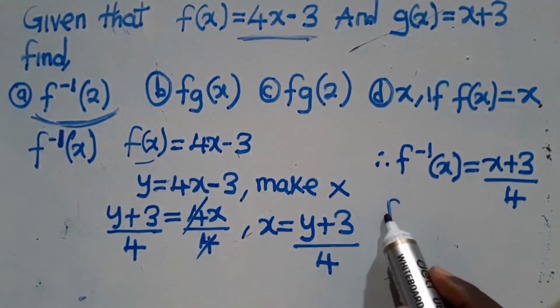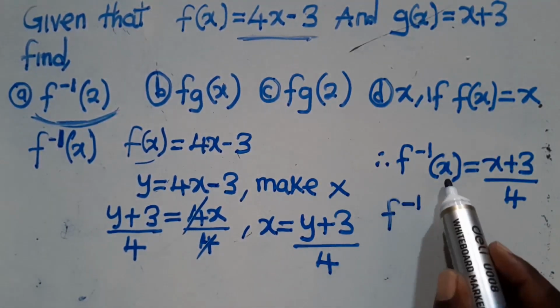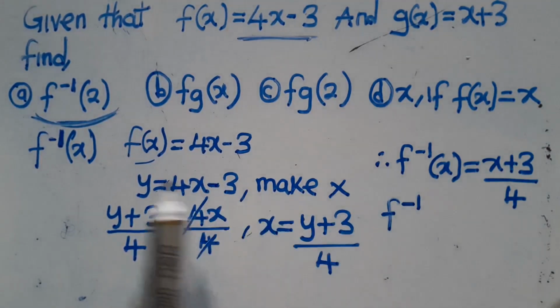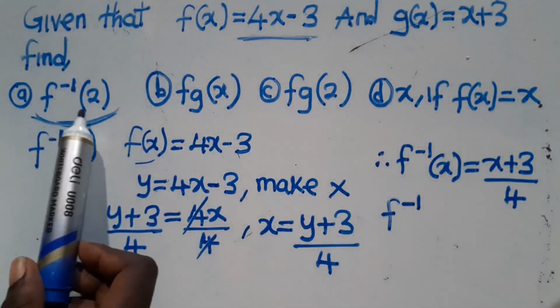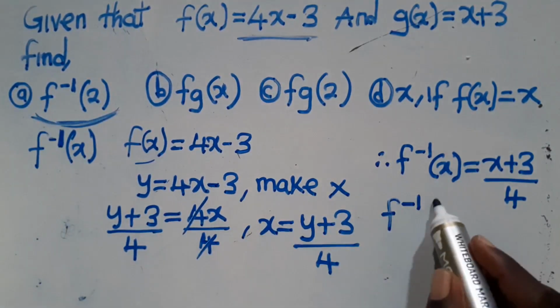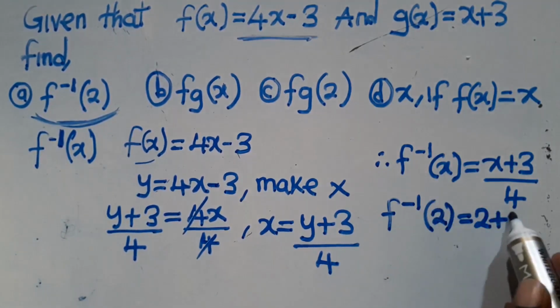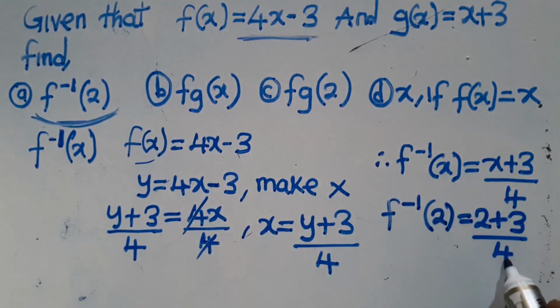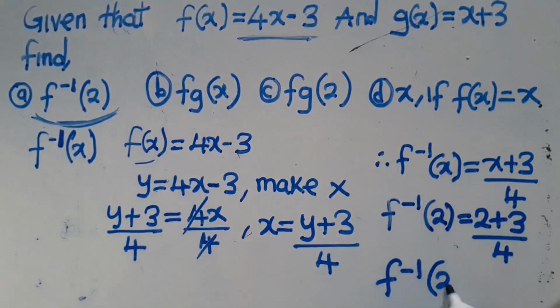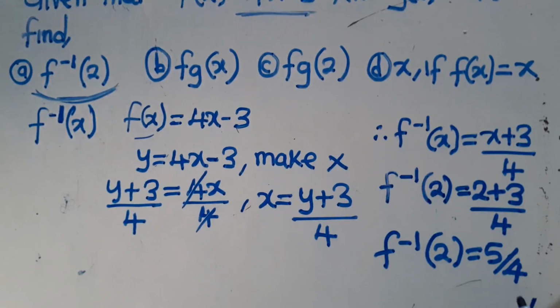So f inverse of, where there is x, I put 2, which is equal to 2 plus 3 over 4. What is 2 plus 3? That is 5 over 4. That is my answer.